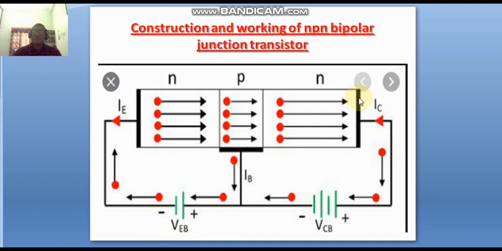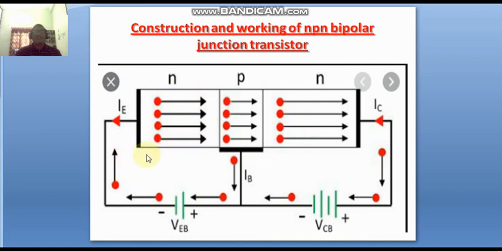If you take the output, N is the collector. This collector is connected to the positive terminal and the base is connected to the negative terminal. This represents reverse bias. That means in NPN transistor, input is always in forward bias, output is in reverse bias.